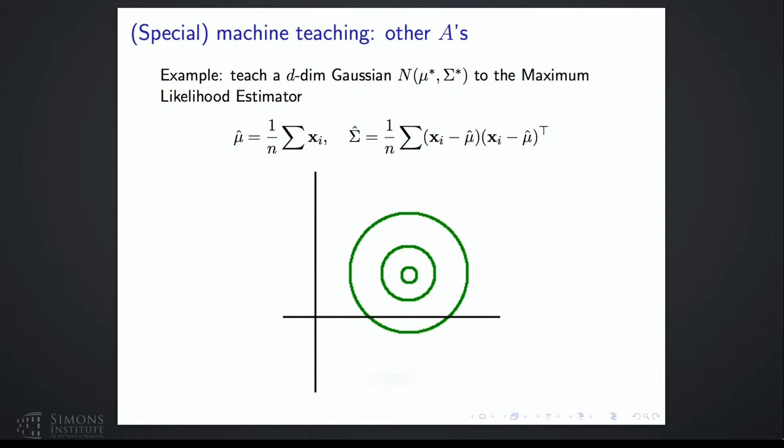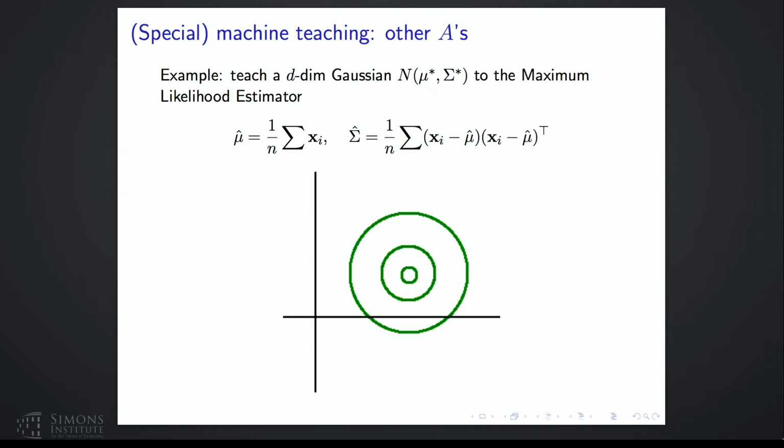Another example, and this one is not classification, it's just density estimation. And let's say the student is the maximum likelihood estimator. You give it n data points in R^D, it's going to estimate a Gaussian distribution. And the learning algorithm A is really our familiar maximum likelihood estimate.